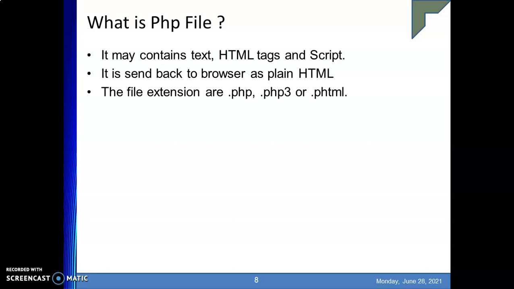But the most popular extension used is .php. Whenever you're working on a project, always keep in mind that you should follow one particular extension. Say we are following .php, that means you should follow only .php. That helps maintain consistency, right?